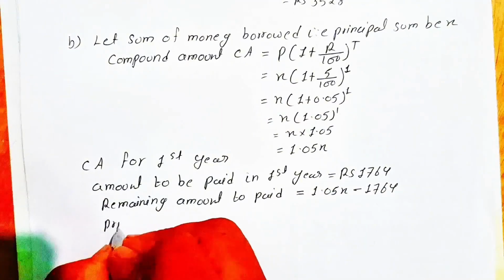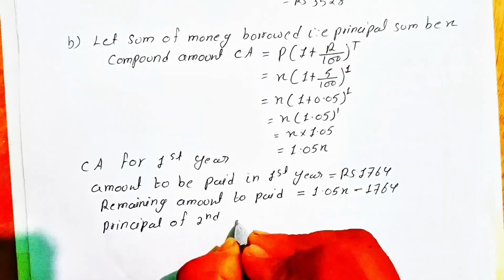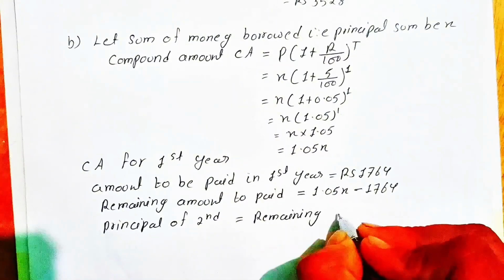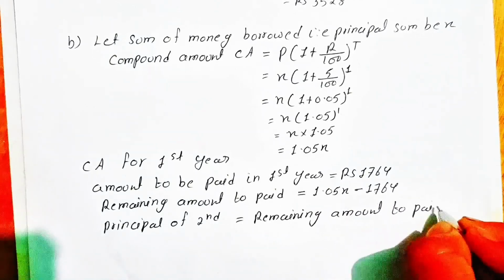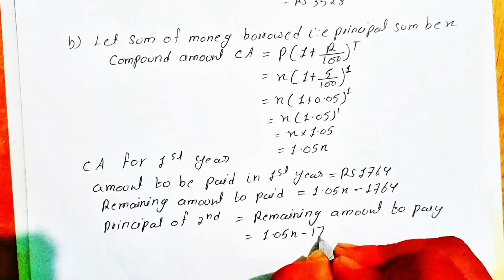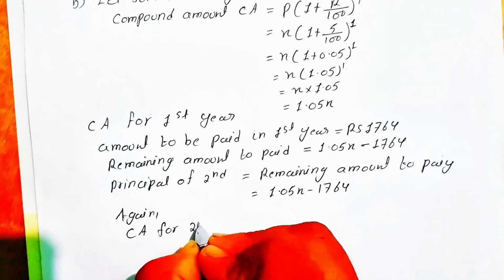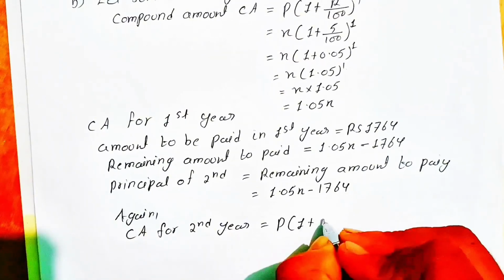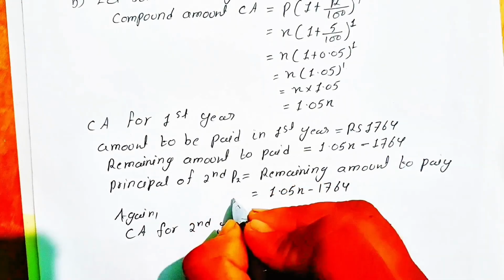Now the principal of the second year is equal to the remaining amount to pay, which is 1.05x minus 1764. Again, the compound amount for the second year is equal to P2 times (1 plus R by 100), where we consider the principal of the second year as P2.